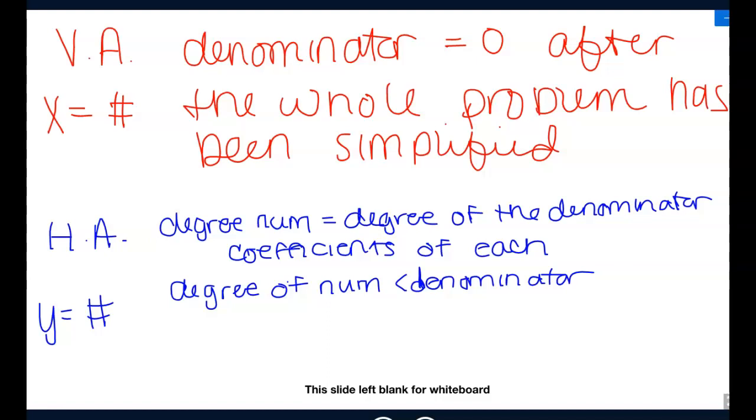If the degree of the numerator is smaller than the degree of the denominator, then your horizontal asymptote is y equals 0.